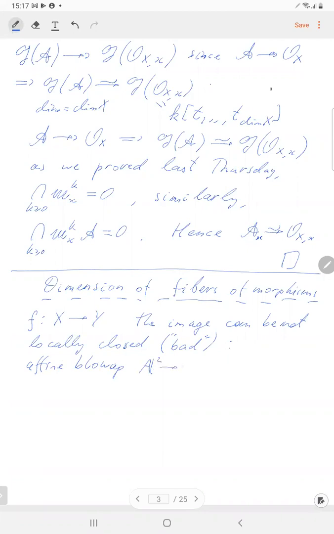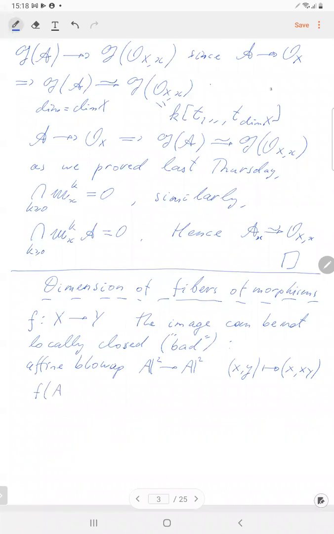From A2 to A2. I mean, you can consider the standard blow-up. Then it will be some proper morphism, but the total space of the blow-up will be covered by a few affine charts, and this is just one of them. So as Alexander says, the map in coordinates (x, y) goes to (x, xy). Okay, and then what is the image?